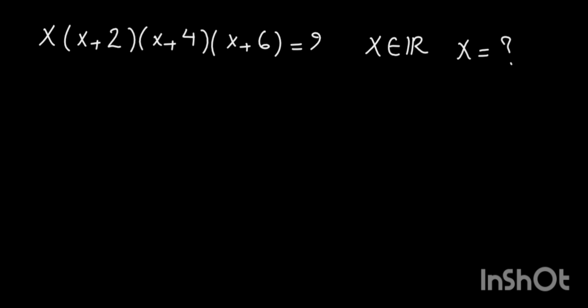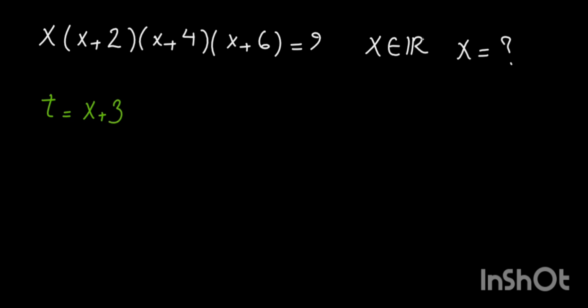So for the first step, when we look at this equation, it's better to use a really nice substitution. I want to use t equals x plus 3. And if I use this substitution, what will happen?